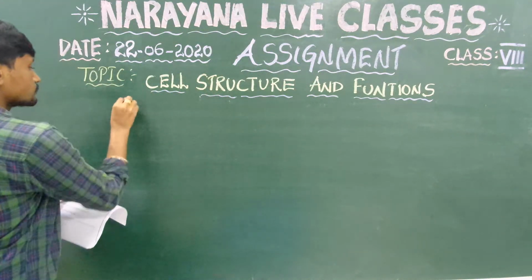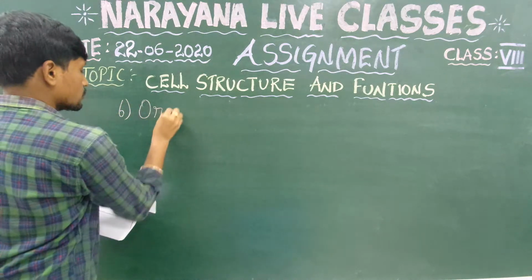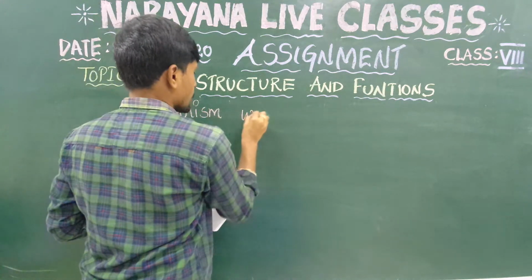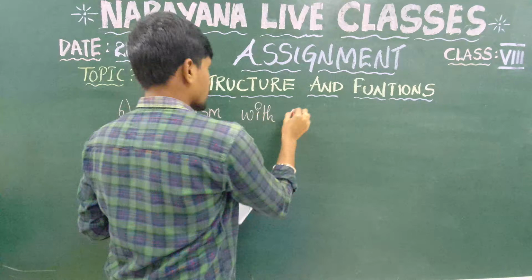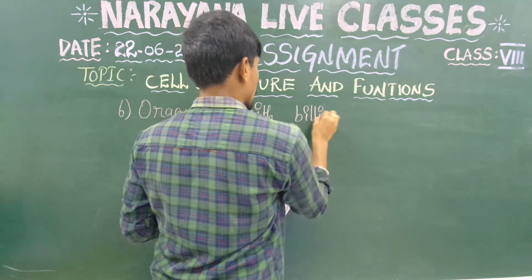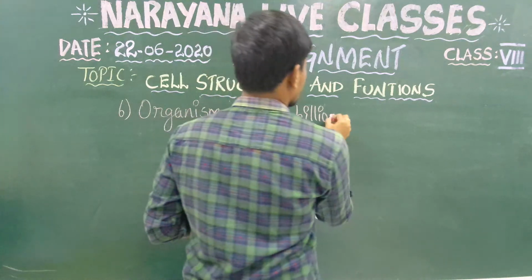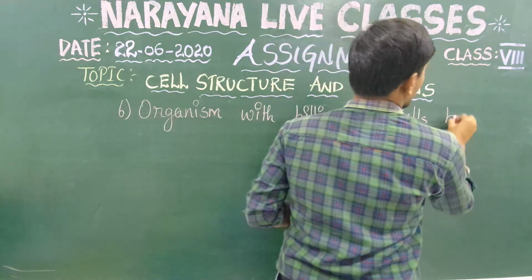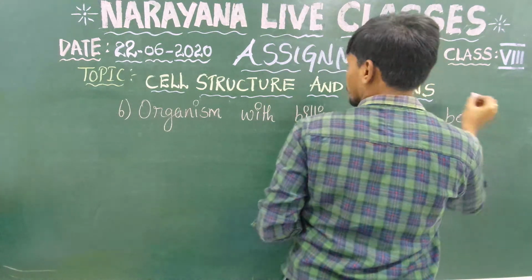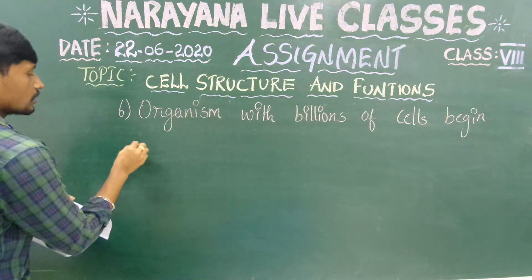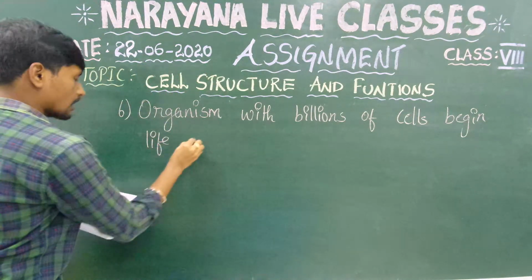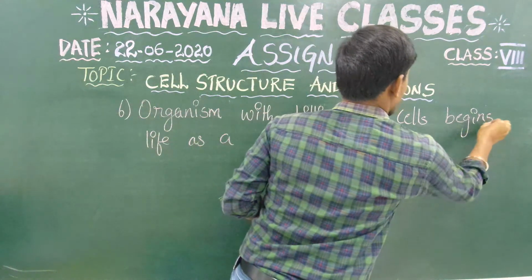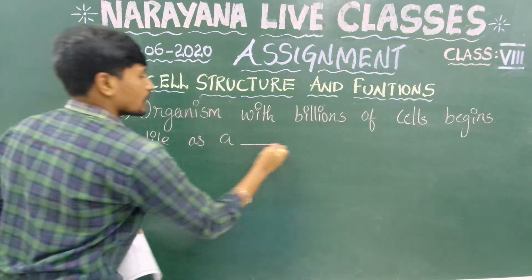Sixth one. Organisms with billions of cells begin life as a dash.